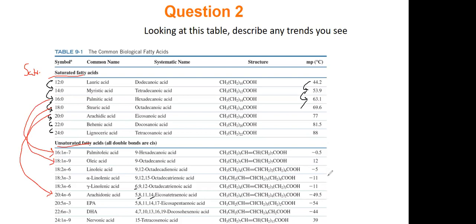I'll start listing these out. The more carbons, the higher the melting temperature. What else did we say? Going from saturated to unsaturated, melting temperature goes down. We also said fatty acids are even numbers.